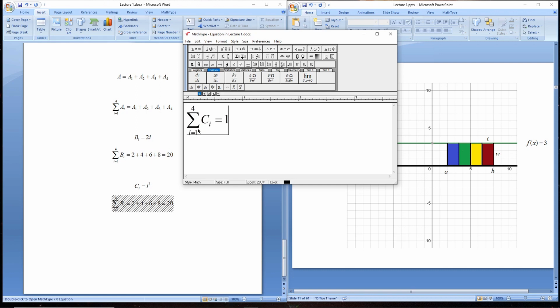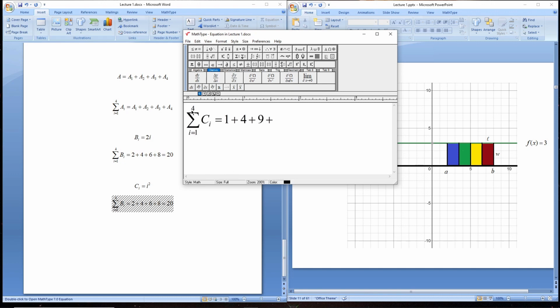The summation symbol means add your next term. The next term is when i equals 2. If i equals 2, 2 squared is 4. Now we add the next term when i equals 3. If i equals 3, 3 squared is 9.